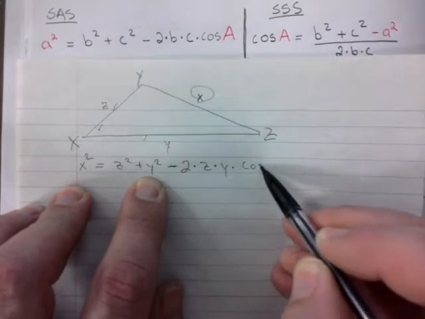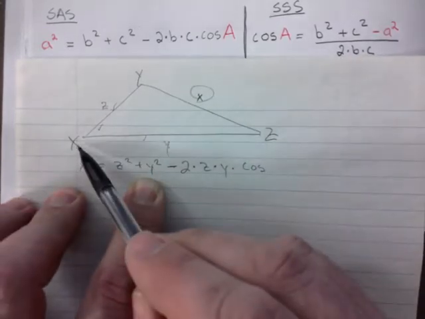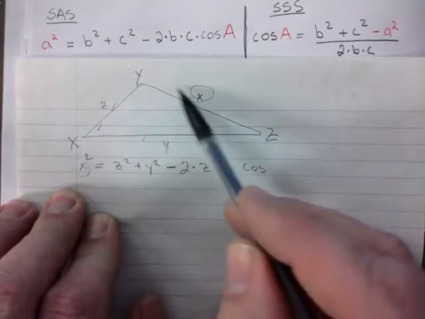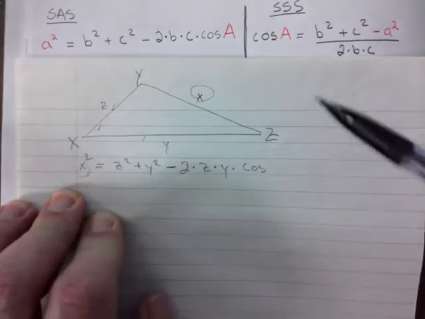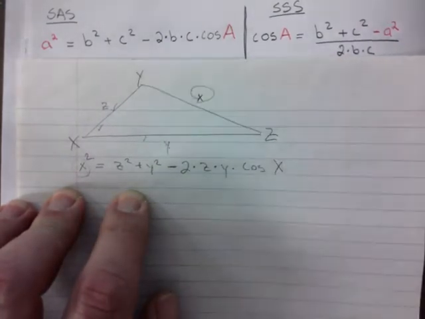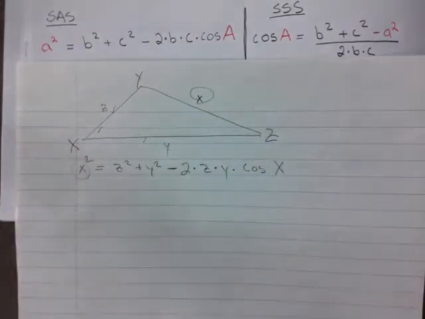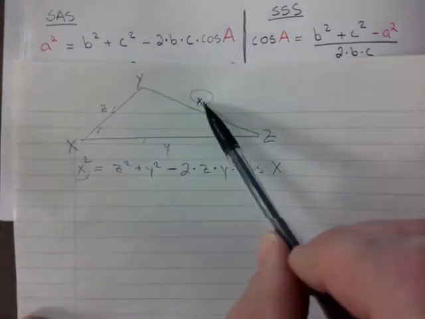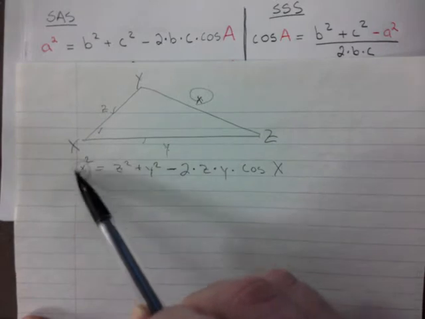And you got to finish it off with saying cosine of the angle that's across this side, which you will know, right? So cosine of x, right? So you shouldn't be too fixated with A, B, C. You should just look at the pattern, right? I'm trying to find that one, so that is what comes first.